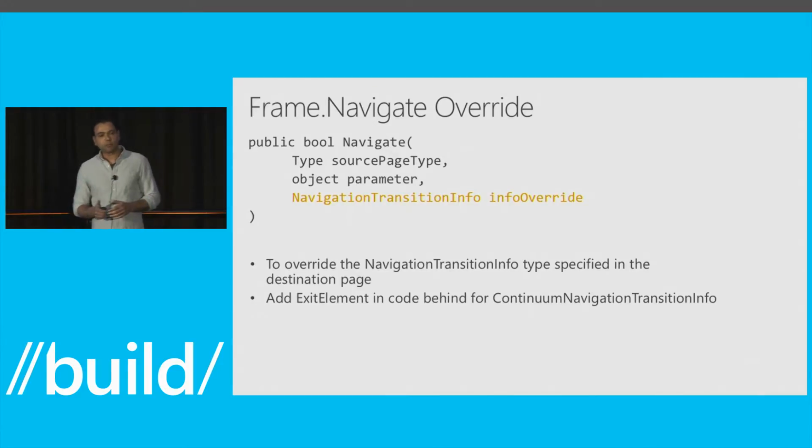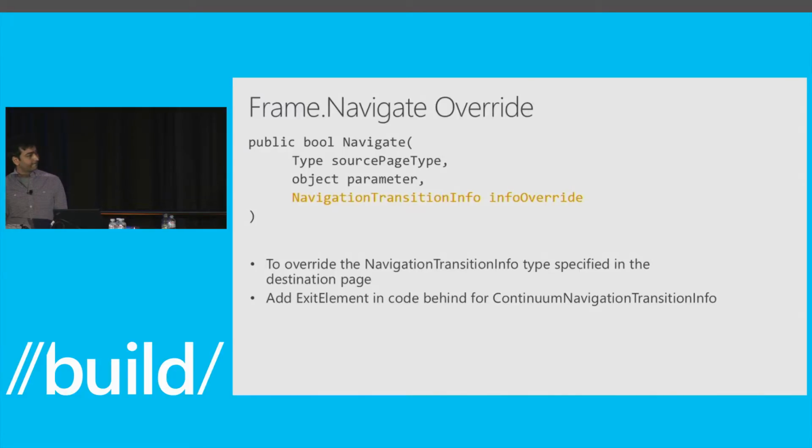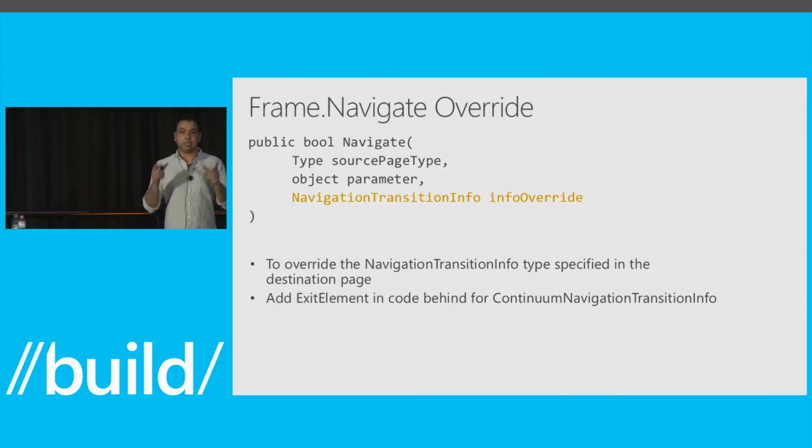Another scenario that we thought of where you might want to use this is the exit element that you just saw in the demo that was specified in XAML. It might be that you are noticing the taps and presses that happen on your page in your code behind, and in your code behind you want to specify the exit element that flies out in a continuum animation.